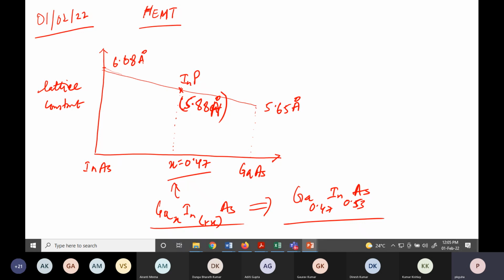So lattice matching is a very important criterion for heterojunction formation.